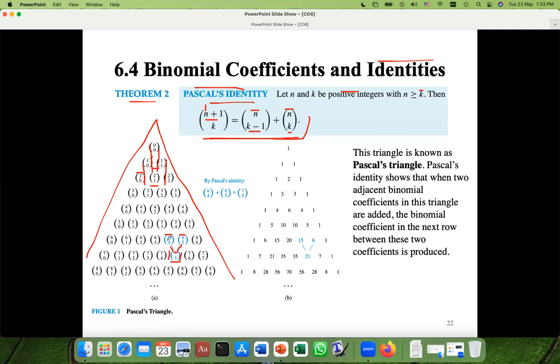So take this 6, 4 and this 6, 5. What is 6, 4? 6 factorial divided by 4 factorial, and 6 minus 4 is what? 2 factorial. That 4 factorial will be cancelled, and you will have 6 times 5, so 30, divided by 2 factorial. 30 divided by 2, you will have 15.